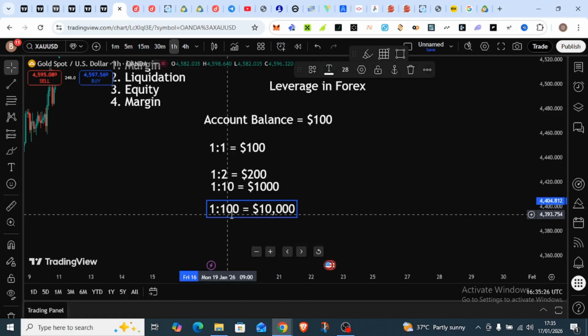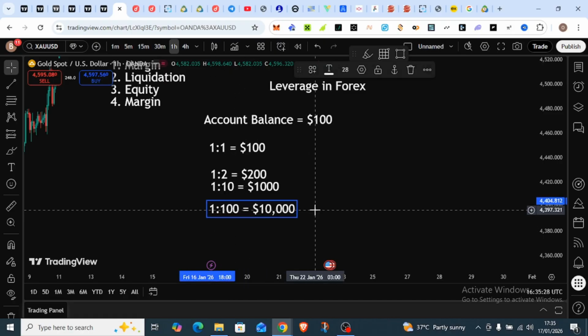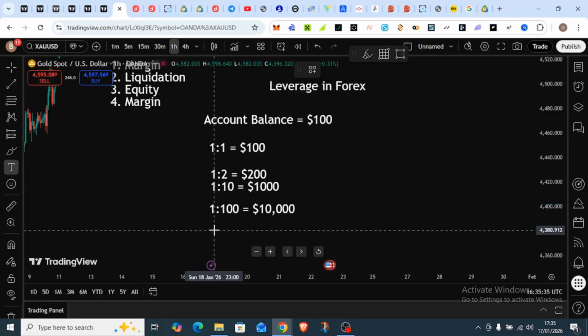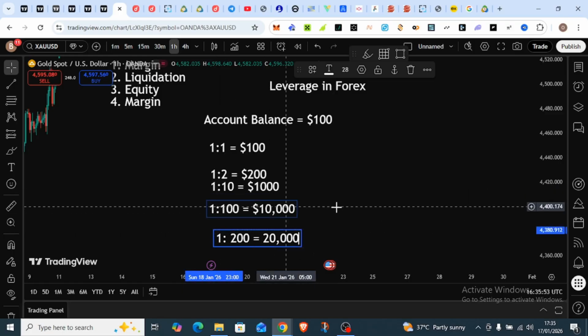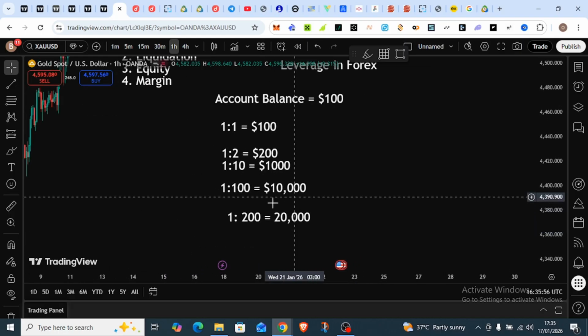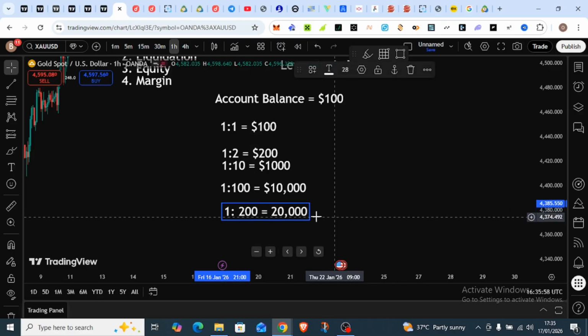If you are using a 1:100 leverage, then if you are using 1:200, the maximum units you can buy is 20,000 units. So this is what you have, 20,000 units.